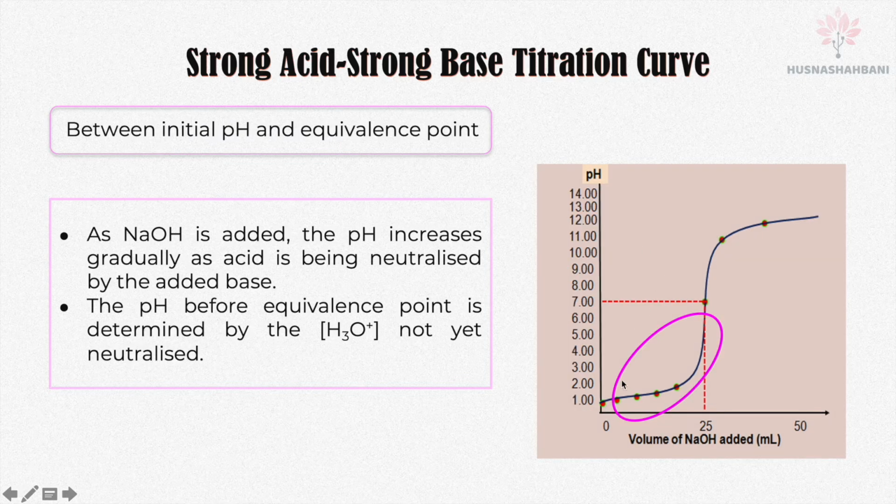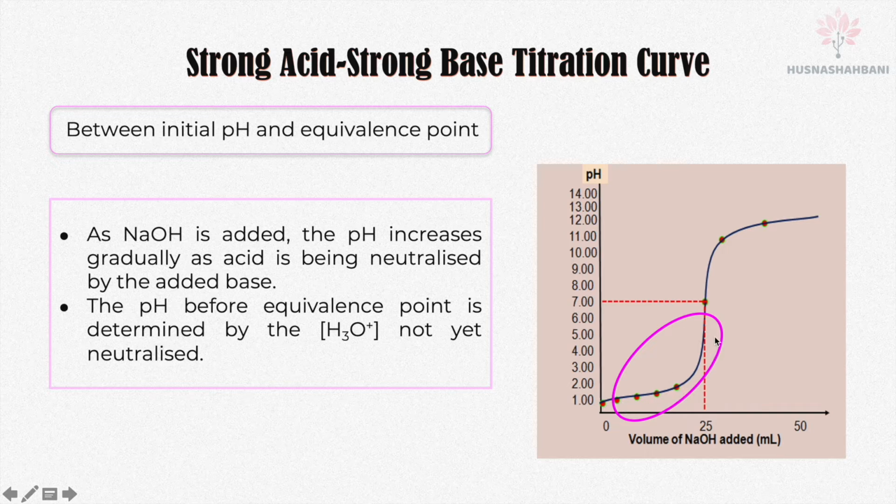Between the initial pH and the equivalence point: as sodium hydroxide is added, the pH increases gradually as the acid is being neutralized by the added base. When you add OH-, that OH- will neutralize the H3O+.